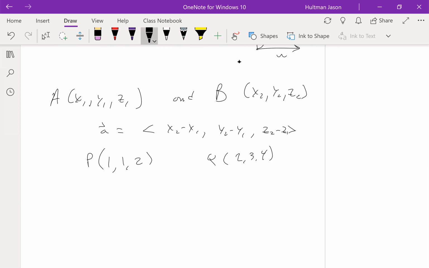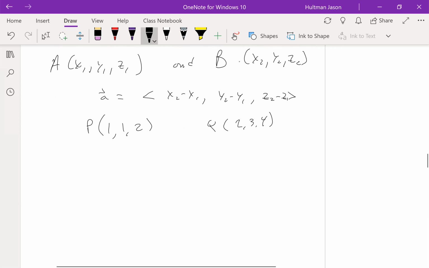I don't know how much into this I want to get on the first day, but we could say that vector PQ is equal to 2 minus 1, which is 1, 3 minus 1, which is 2, and 4 minus 2, which is 2. That's the vector.